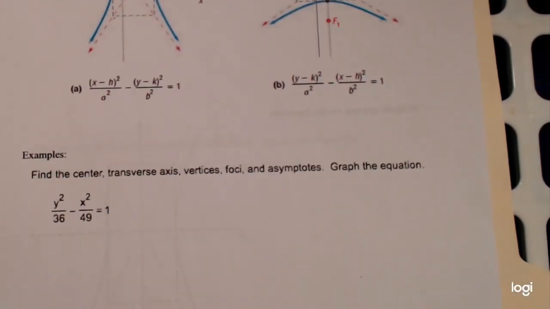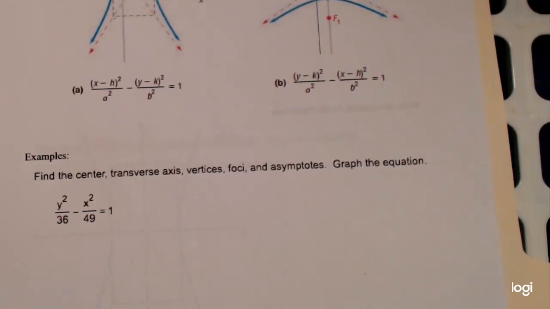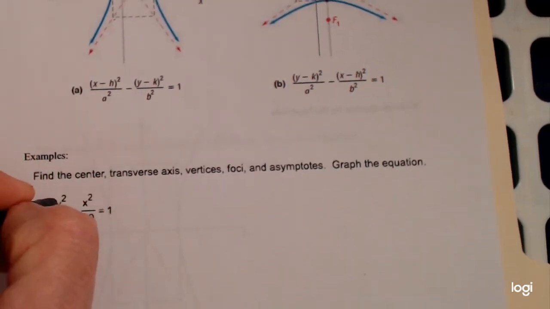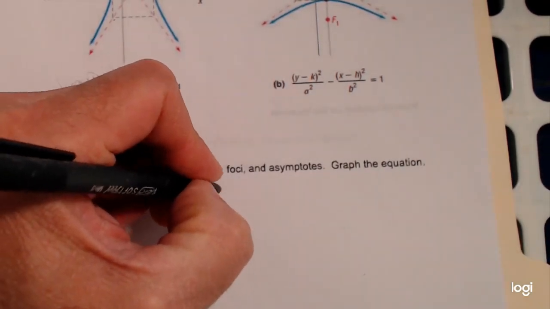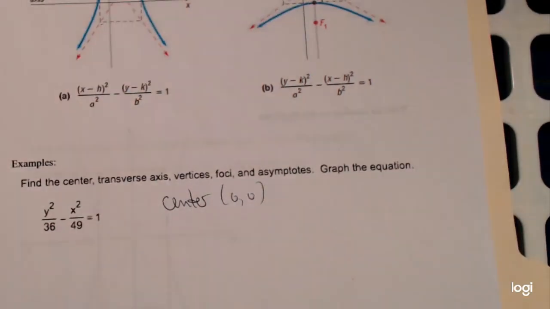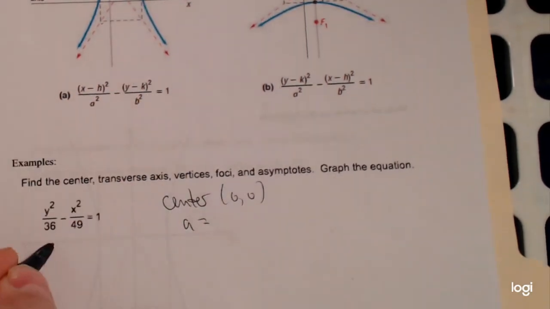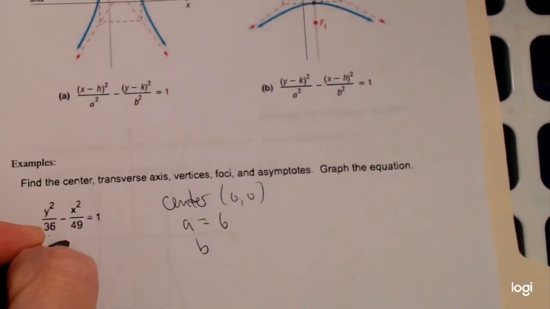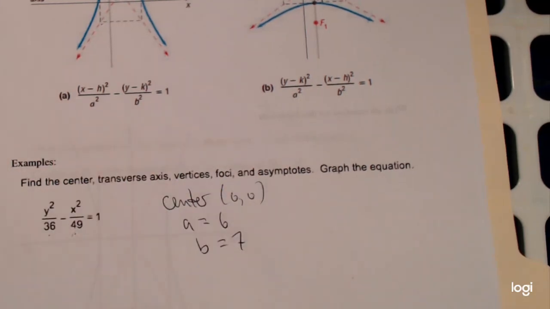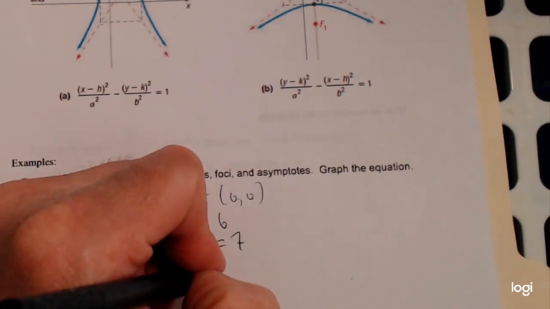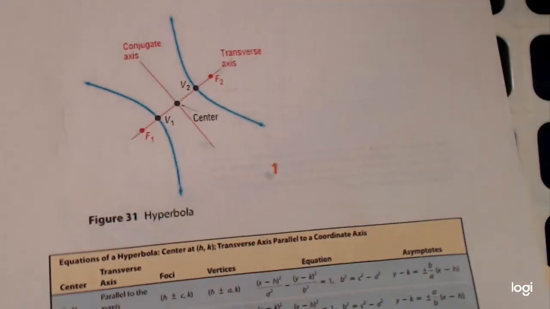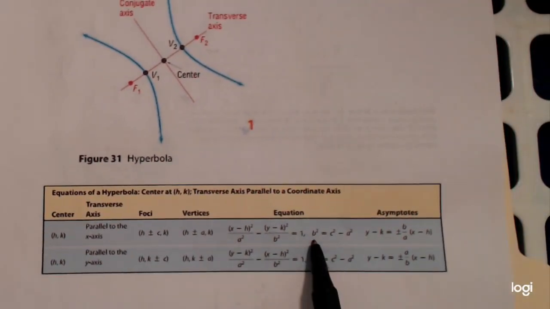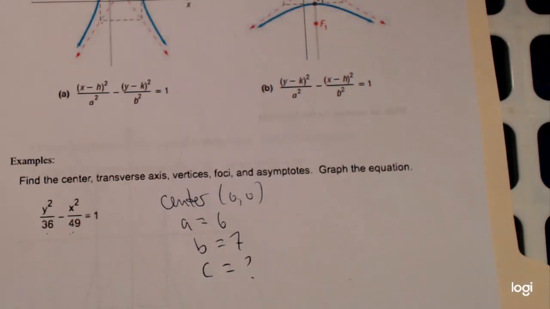Okay, so find the center, transverse axis, vertices, foci, and asymptotes, and then graph it. All right, so first of all, it's not y minus or x minus, so the center is the origin. Okay, A is 6, B is 7. It wants the foci, so C is I don't know. So now you get your formula out. It's a different formula, and it's B squared equals C squared minus A squared.